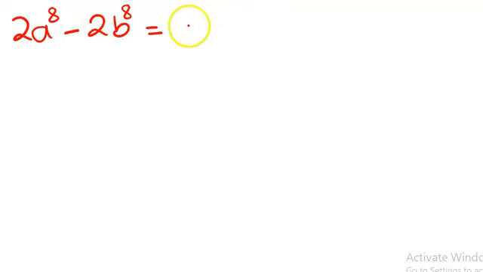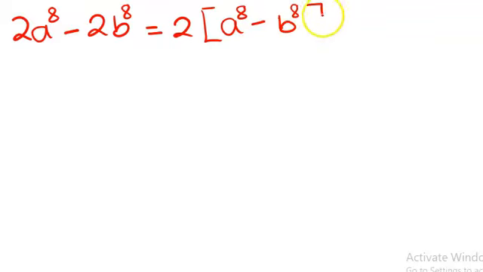Okay, then our 2a to the power 8 minus 2b to the power 8 becomes, first we bring 2 out, leaving a to the power 8 minus b to the power 8. This is the same as 2 times a to the power 8.